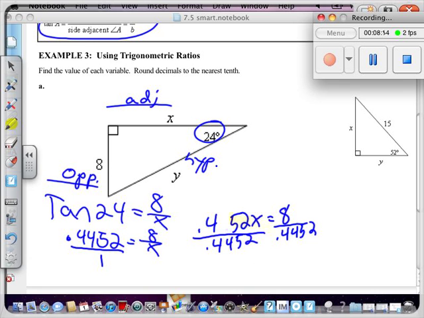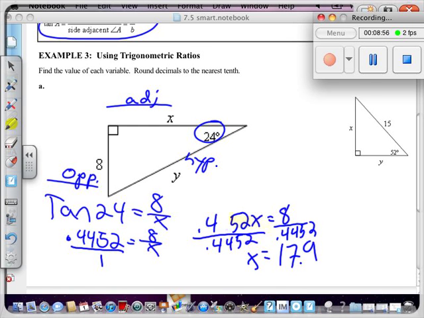You get x equals 8 divided by 0.4452, and we get 17, and it says round to the nearest 10th, so we get 17.9. We could round up to 18. Okay?